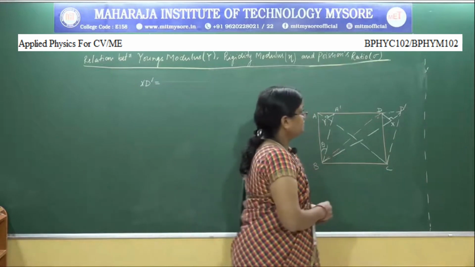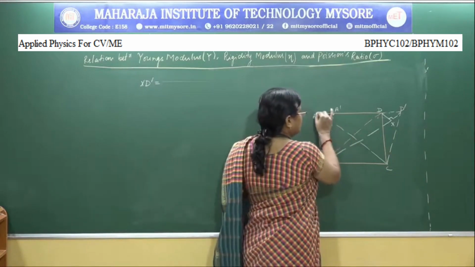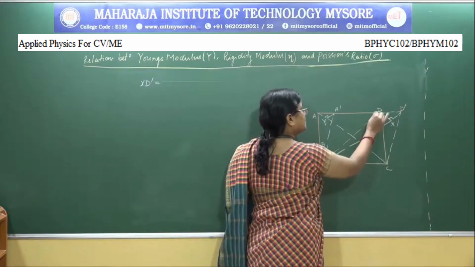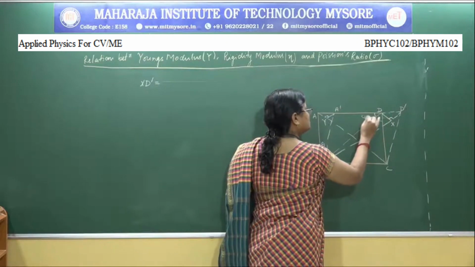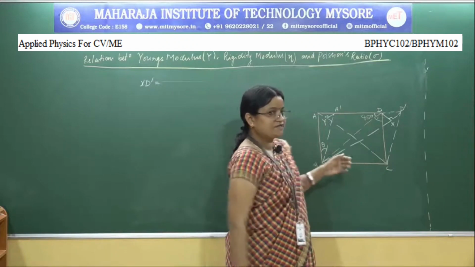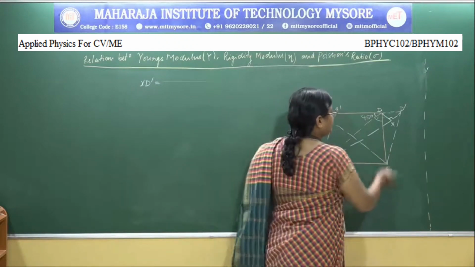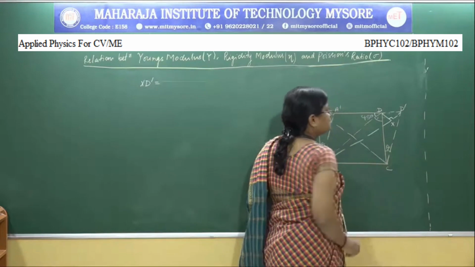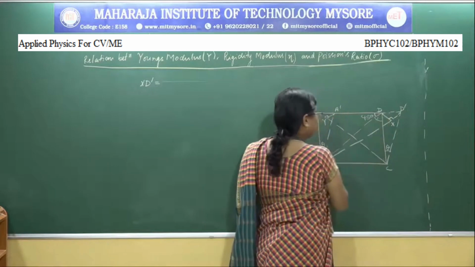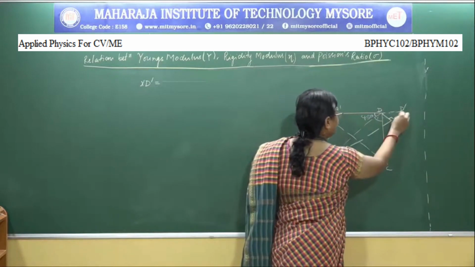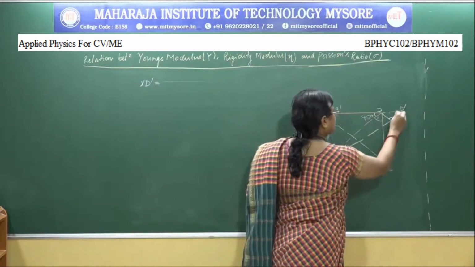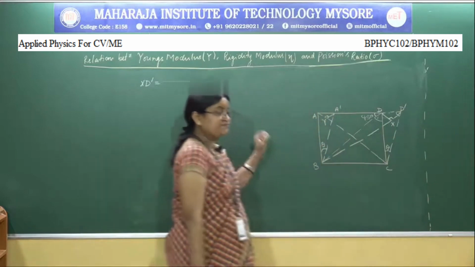In that figure we saw that as it is a right angle triangle, the diagonal divides the right angle triangle into two parts. So this is 45 degrees, meaning ADB is 45 degrees, and as the change theta is very small, we consider that ADB will be equal to AD dash B. So this is also 45 degrees.